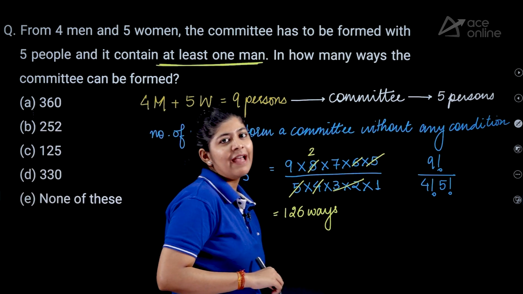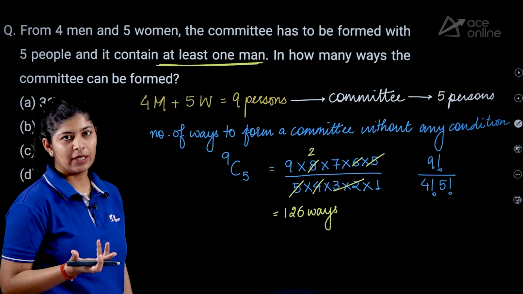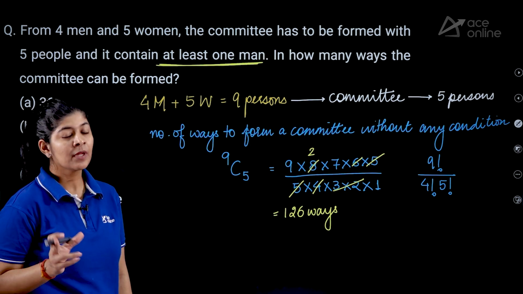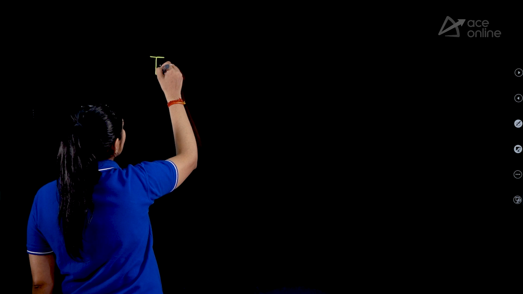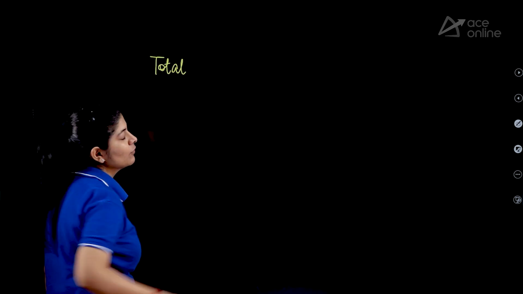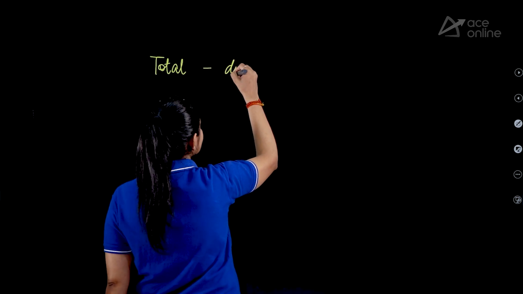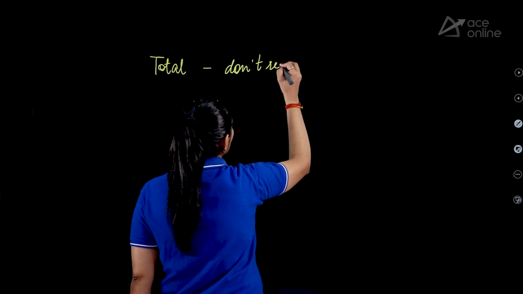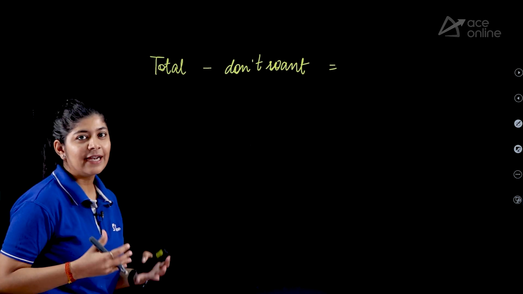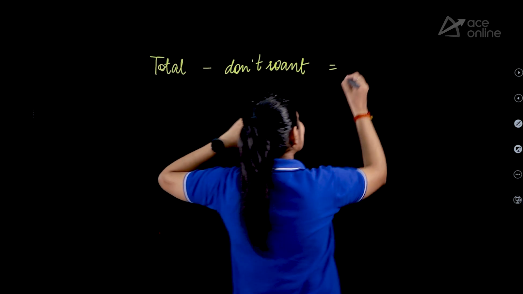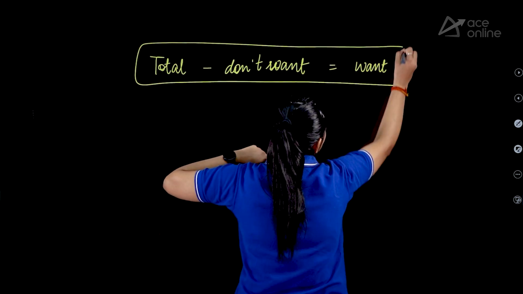Whenever we have this type of thing, we can go either way. We have two ways to solve this particular question. In the very first manner, whenever we have a total amount of something, and if we subtract the things that we don't want from the total, we will get the thing that we want.